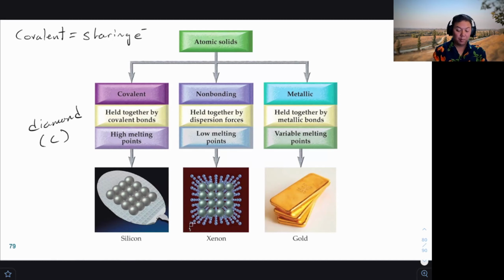We have non-bonding atomic solids, which are just held together by dispersion forces. So this is xenon in particular, was the one that Fritz Haber, different story, Fritz London, that's why he came up with dispersion forces, was to explain why something like xenon could exist as a solid or as a liquid.